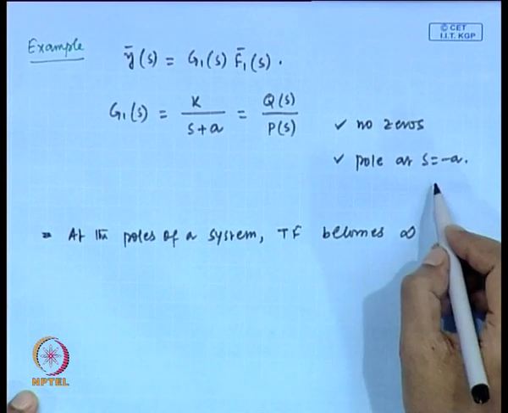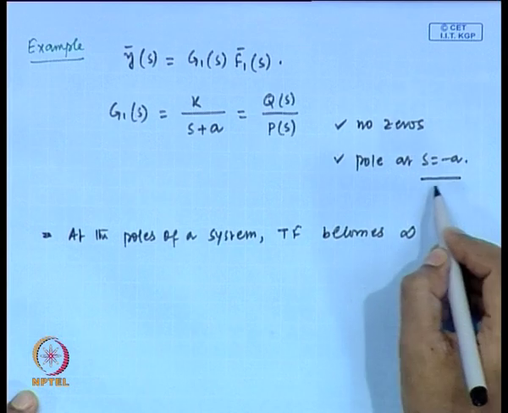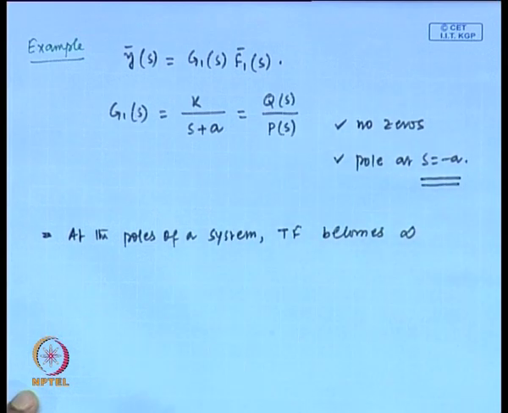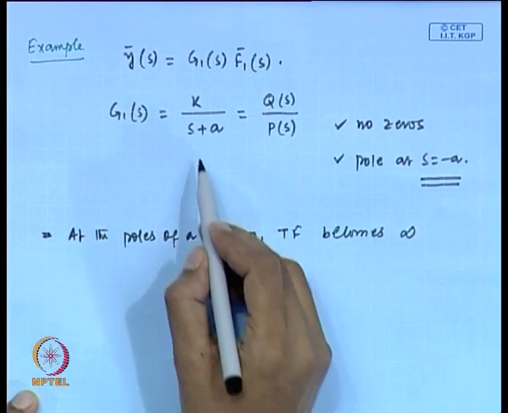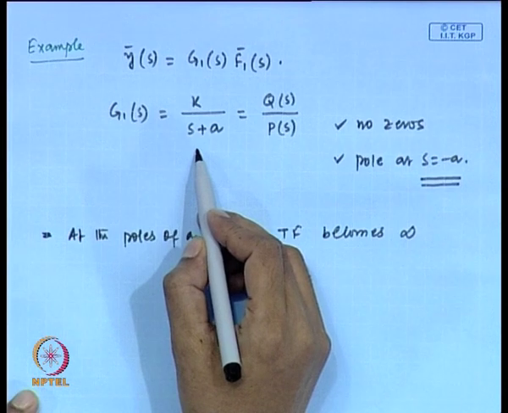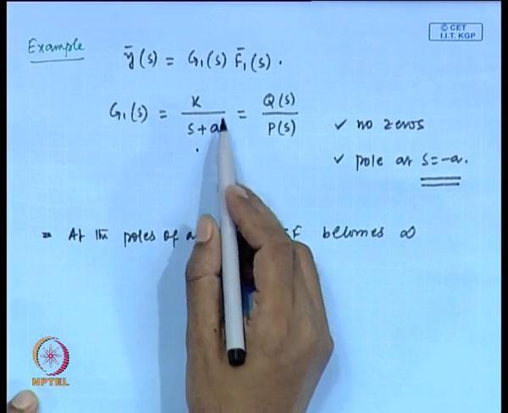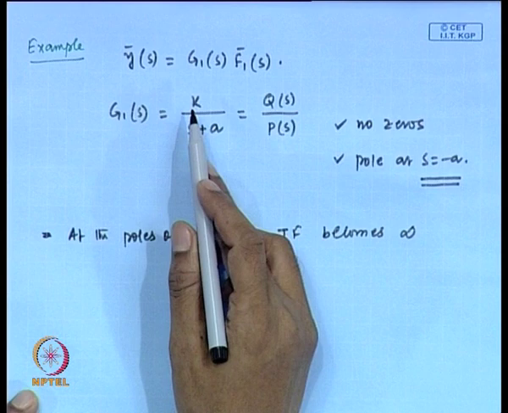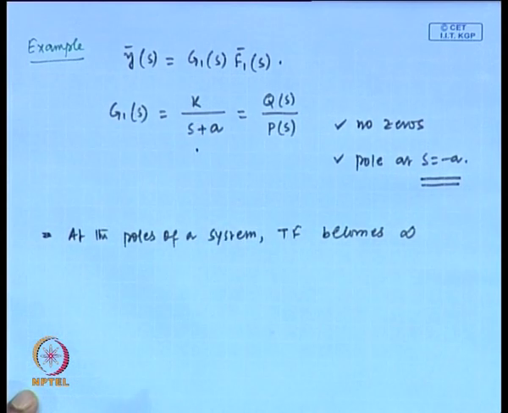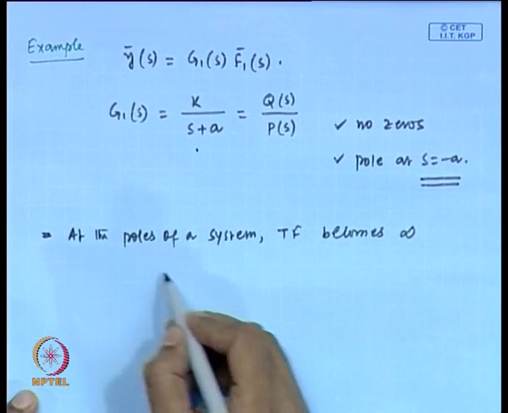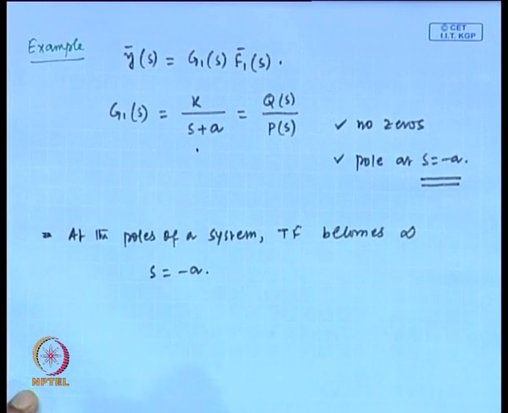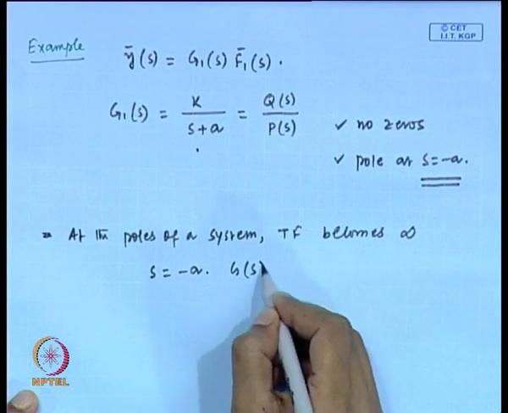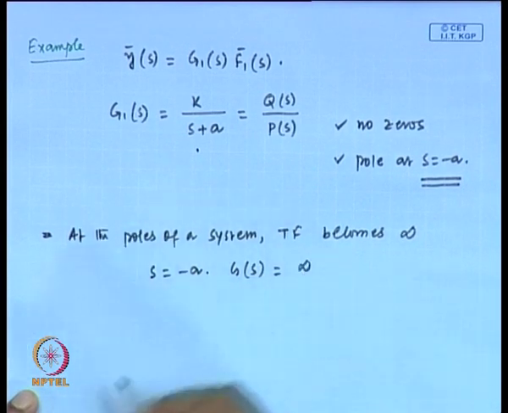Fine, the pole for this system is at s equals to minus a. If we substitute in this equation s as minus a, the transfer function becomes infinity, is not it? If we put s equals to minus a, then G(s) becomes infinity.